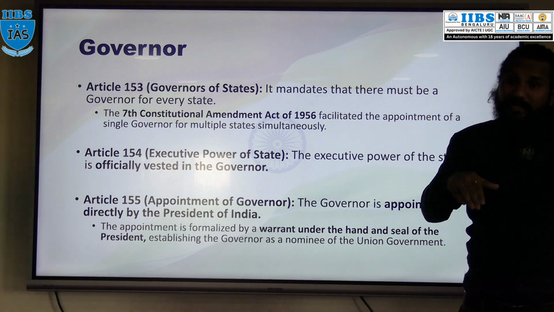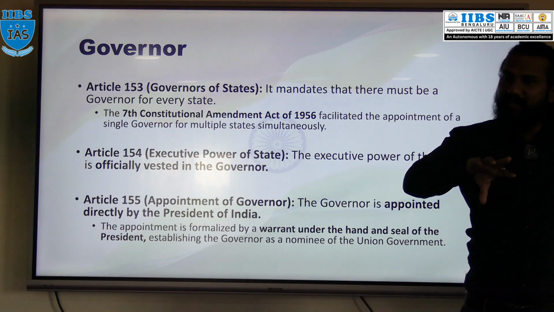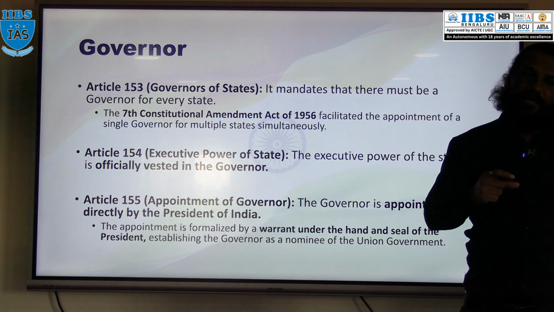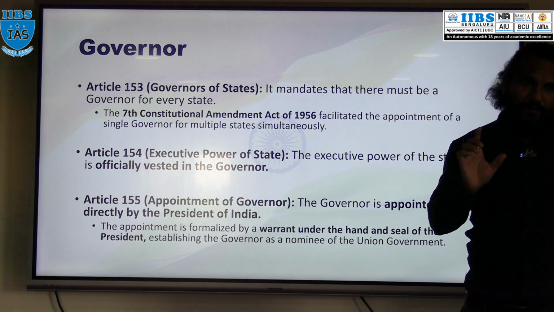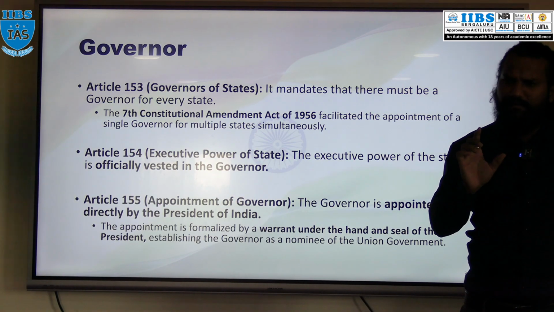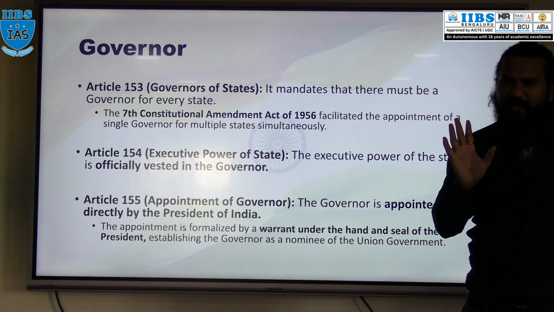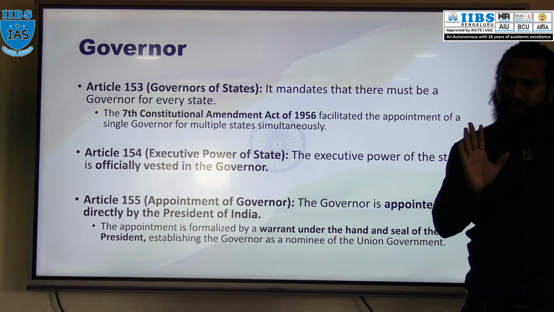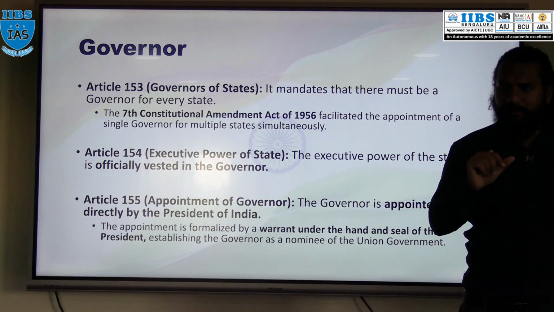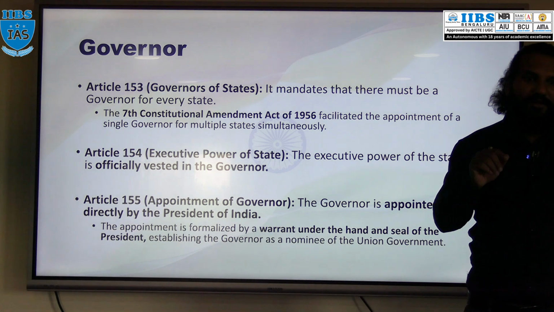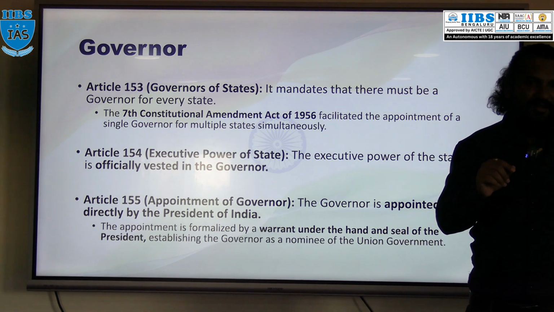Apart from that, a single person can be appointed as Governor of one state and Lieutenant Governor of a UT also, or UT administrator also. The same person can be appointed. You are understanding? Try to find out: at present the Governor of Tamil Nadu is the same as the Governor of West Bengal also.